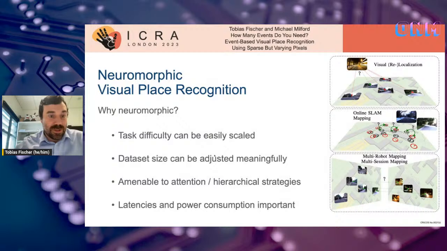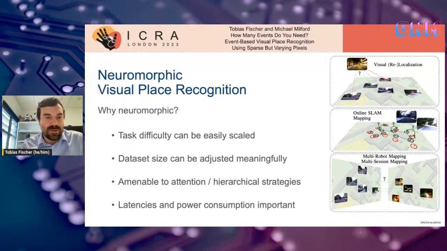Well, visual place recognition is all well and nice, but why would we want to do it with neuromorphic principles? And why is it particularly interesting, in my opinion, for neuromorphic use cases? So one of the cool things is that we can easily and meaningfully scale the task difficulty.